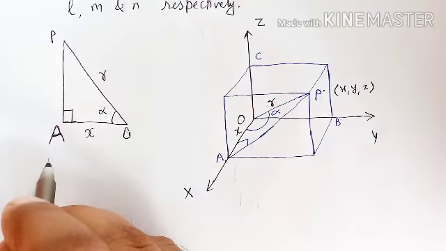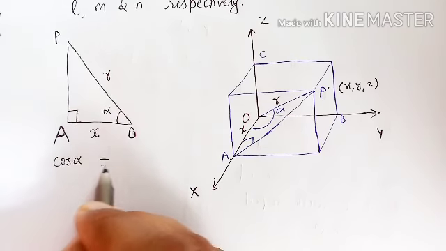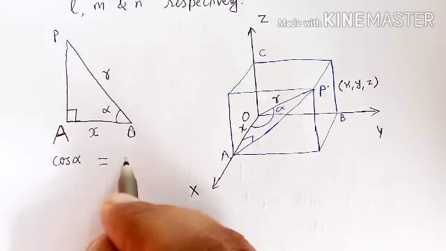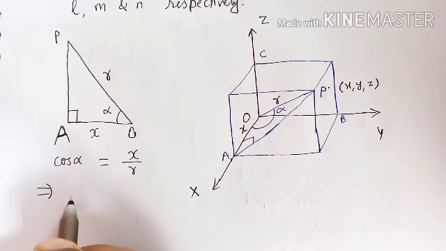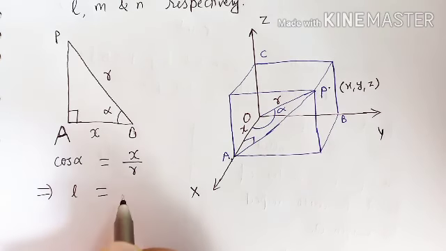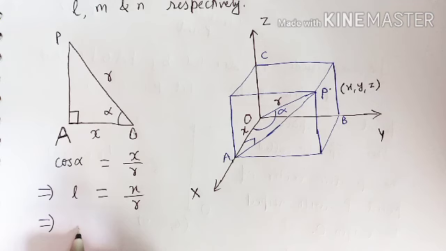Now we can write cos alpha is equal to base by hypotenuse, x by r. Cos alpha is L, so L is equal to x by r. This implies that x is equal to LR.